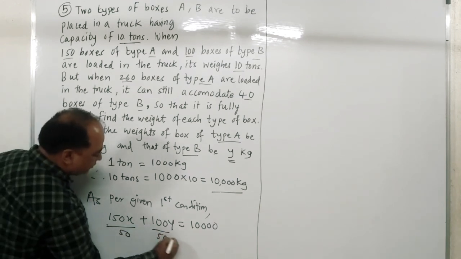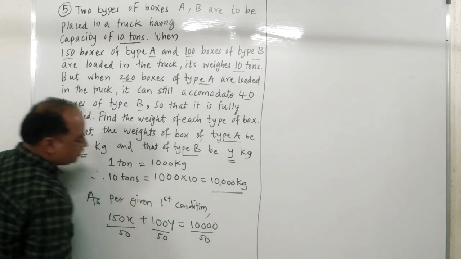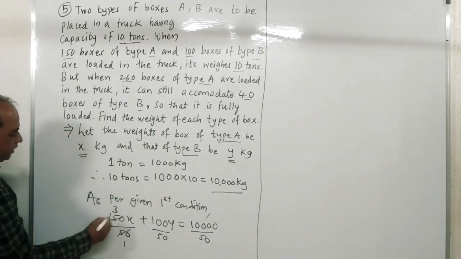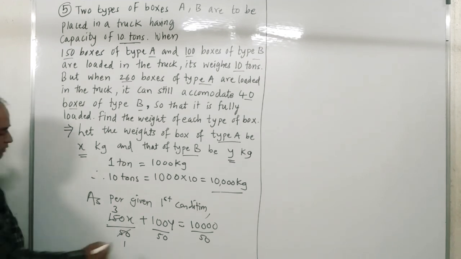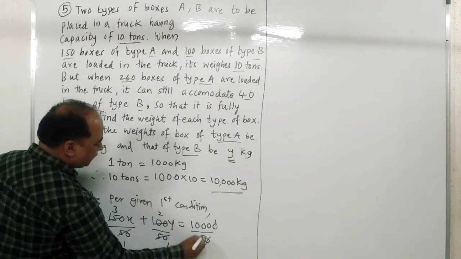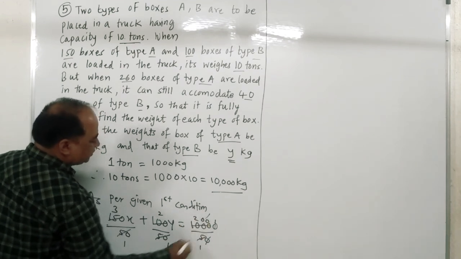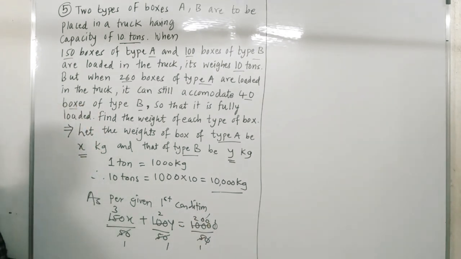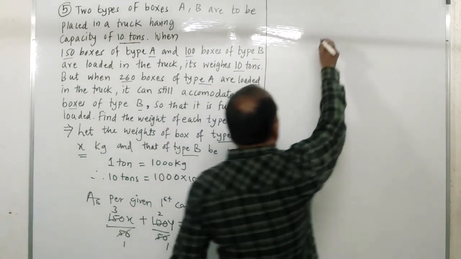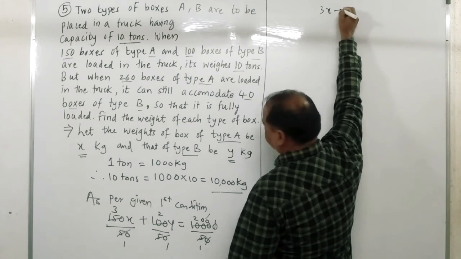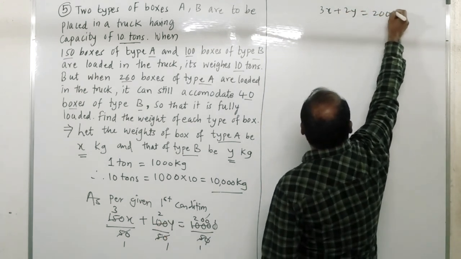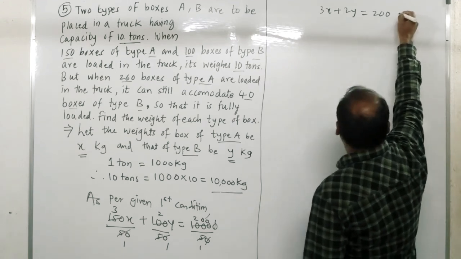Dividing the equation by 50, we get 50 ones are 50, 50 threes are 150, 50 twos are 100, and here 50 ones are 50, that is 200. So that we will get the equation as 3x plus 2y is equal to 200.